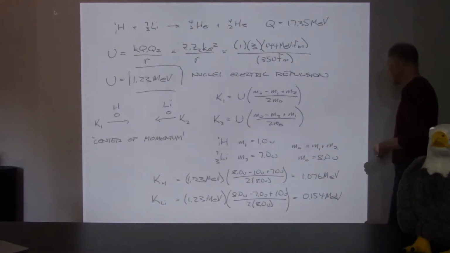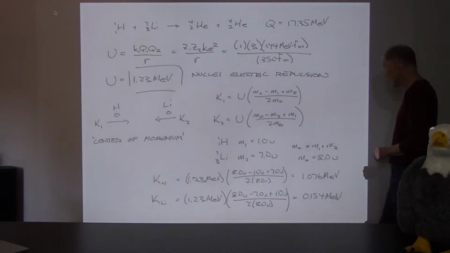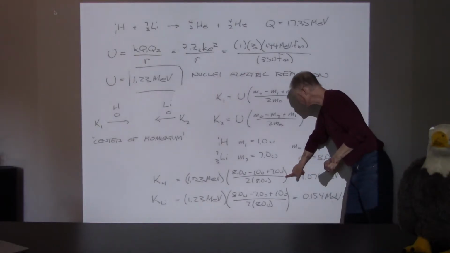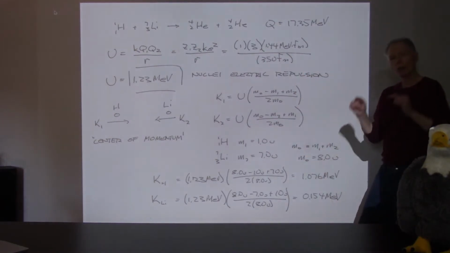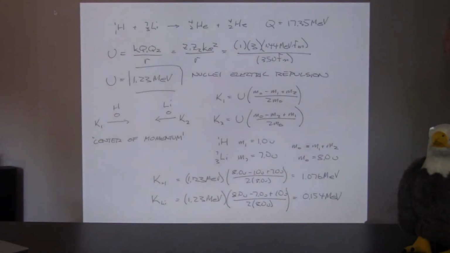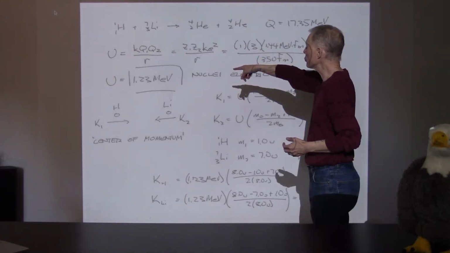And it says 8 minus 1 is 7, so it's 7/8. So 7/8 of the kinetic energy needs to be in the hydrogen, and 1/8 of the kinetic energy needs to be in the lithium in order to make use of this 1.23 MeV.